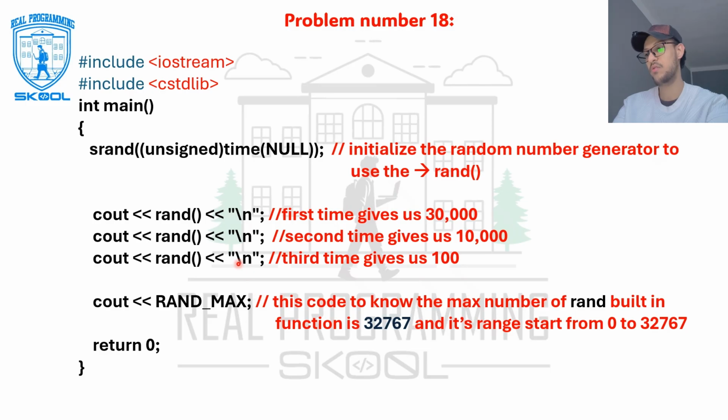We said the range of the rand built-in function starts from 0 up to 32,767.